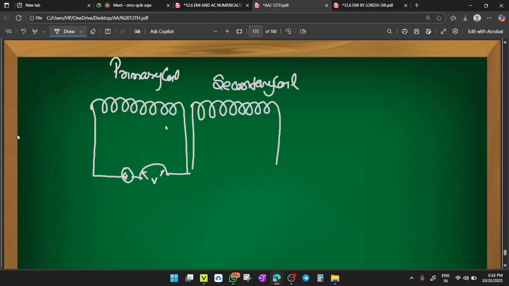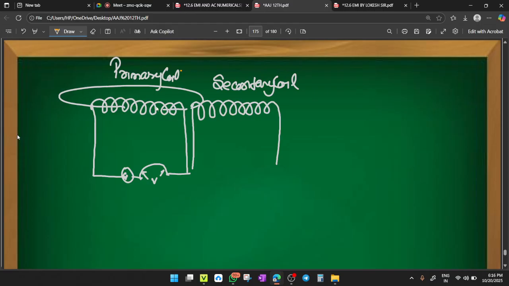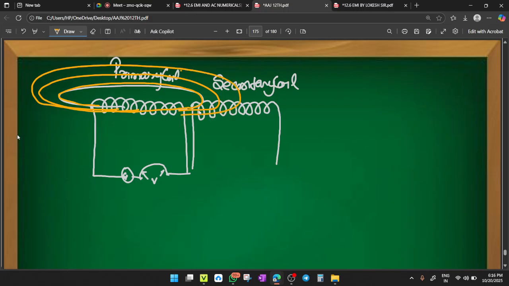Right. So as the flux grows in the primary coil, certainly some amount of flux that is produced by the primary coil will be linked with the secondary coil. Agree? Yes or no? If the flux is continuously growing, it is the flux produced by the primary coil, not the total flux, some of the amount.